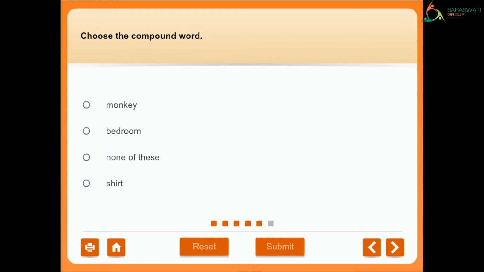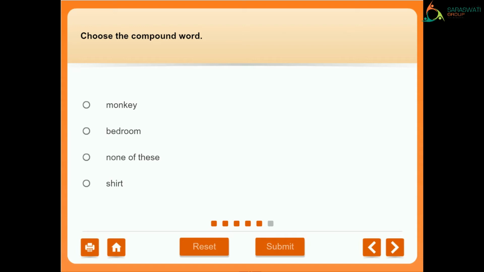Now let us go to the next one. Again, I will have to read the four words which are given here: monkey, bedroom, none of these, or shirt. None of these will not be the answer, as we know. Let us go through the other three words once again: monkey, bedroom, shirt.